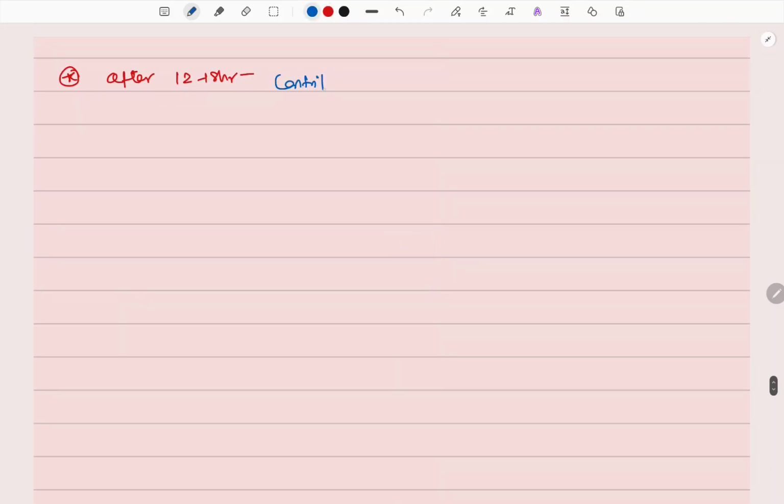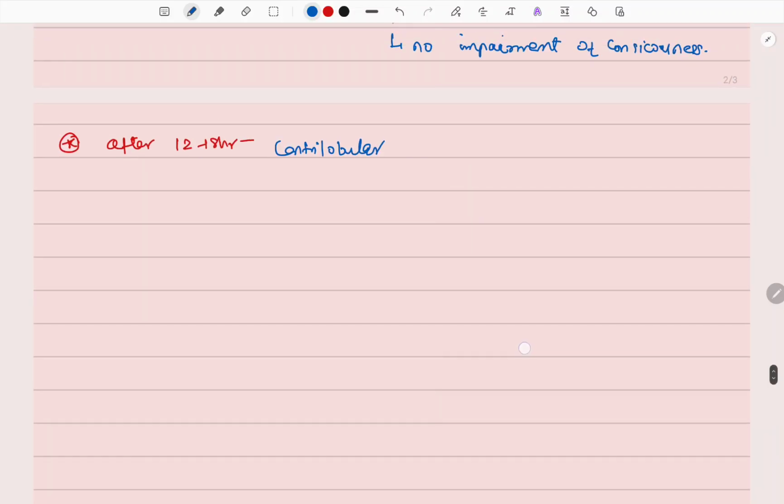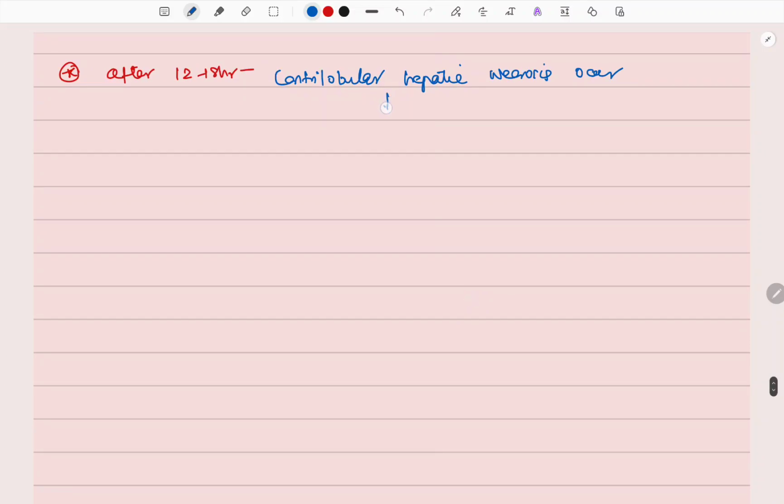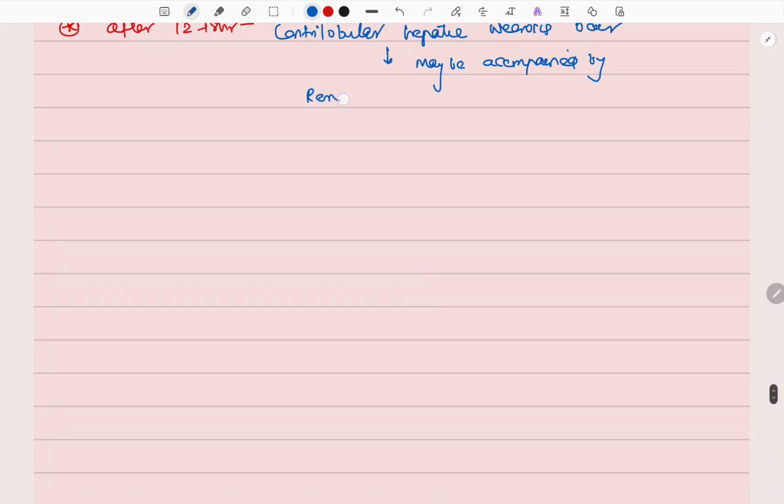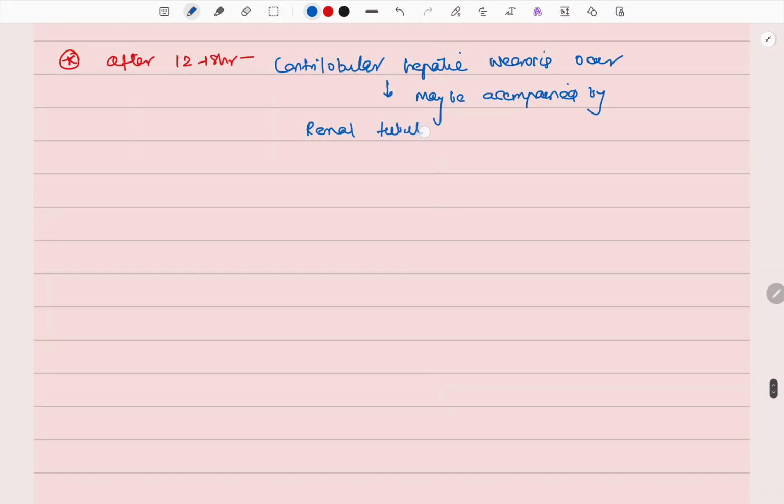After 12 to 18 hours, what occurs? Centrolobular hepatic necrosis occurs, which may be accompanied by renal tubular necrosis and hypoglycemia.